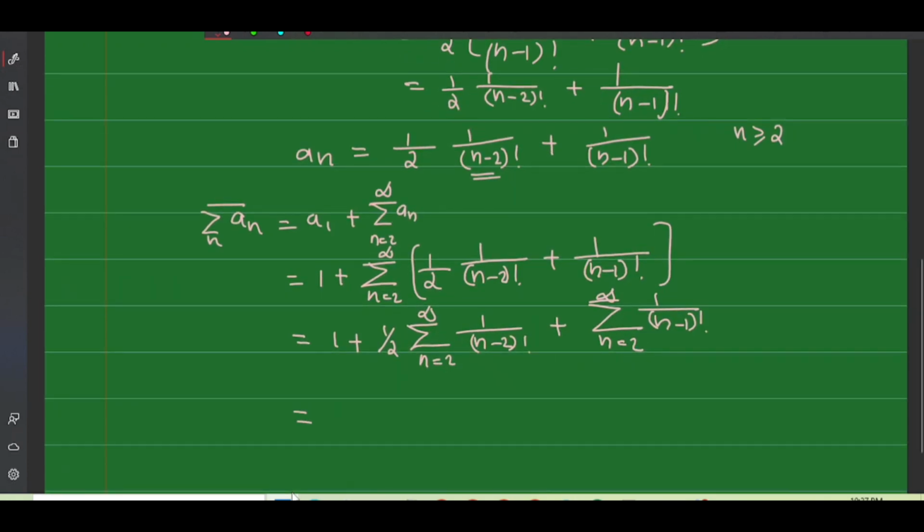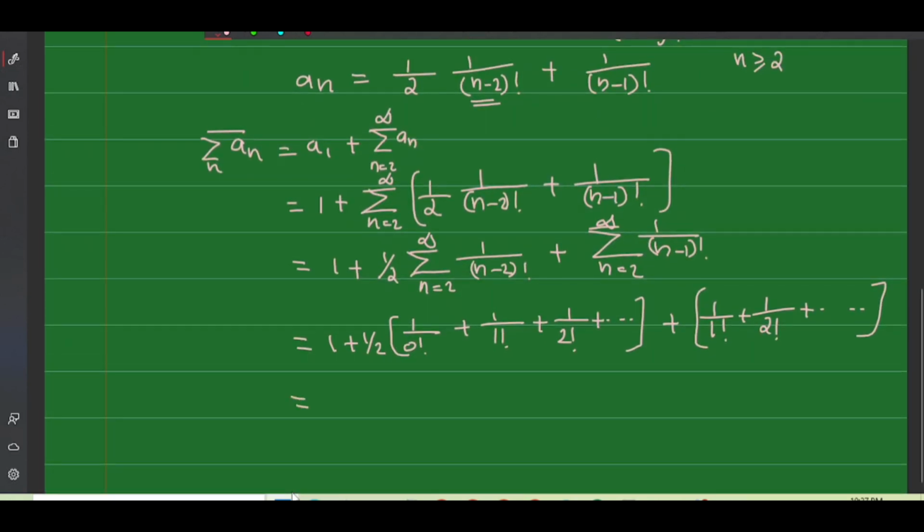This is equal to 1 plus 1 by 2 into 1 by 0 factorial plus 1 by 1 factorial plus 1 by 2 factorial plus etc., plus 1 by 1 factorial plus 1 by 2 factorial plus etc.